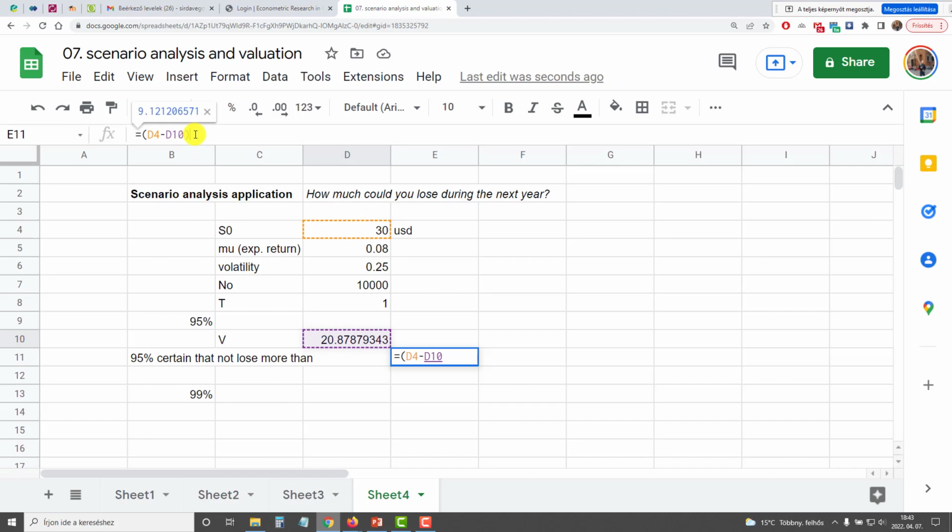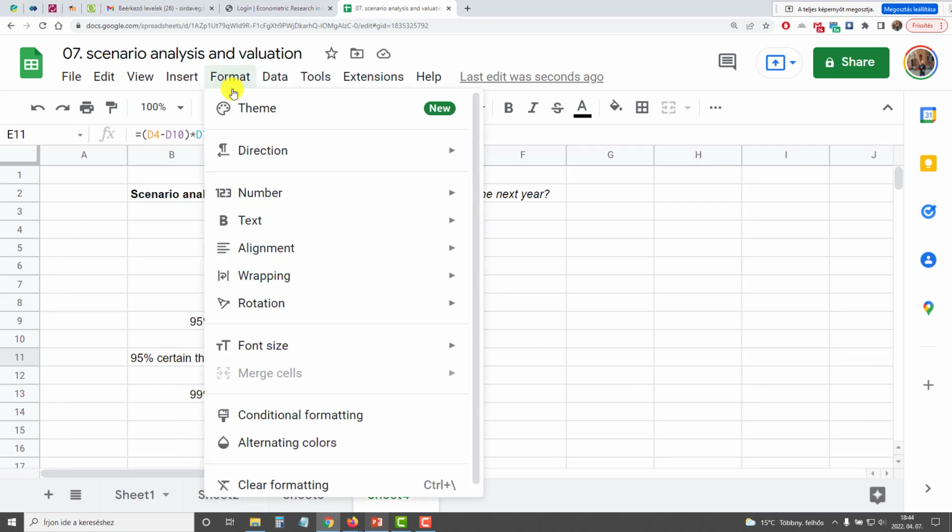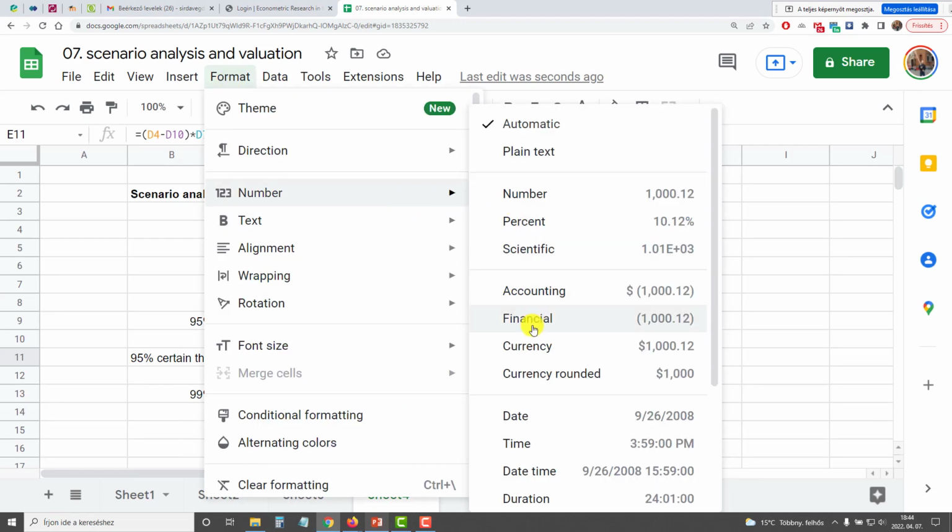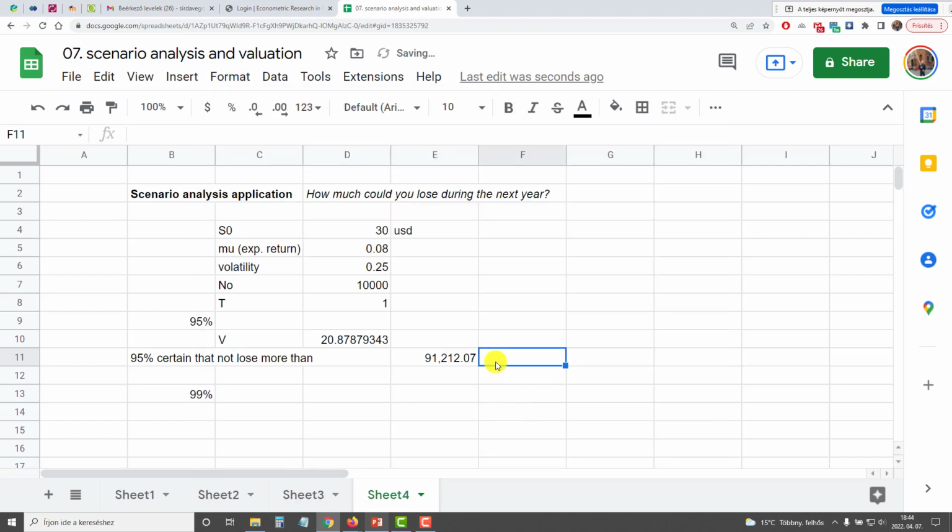We multiply it by the number of shares. And if I did everything right, and I did, then this is in US dollars.